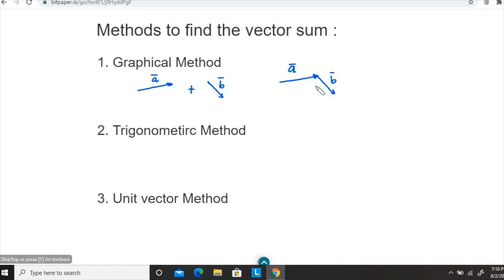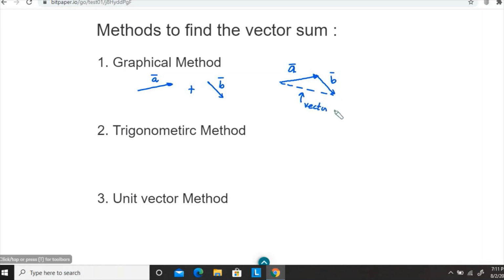So now how do we find the vector sum? Simply you connect the free ends of these two vectors. I'm going to connect the tail of vector A to the head of vector B. And then the length of that side and its orientation in space will give me the vector sum AB.